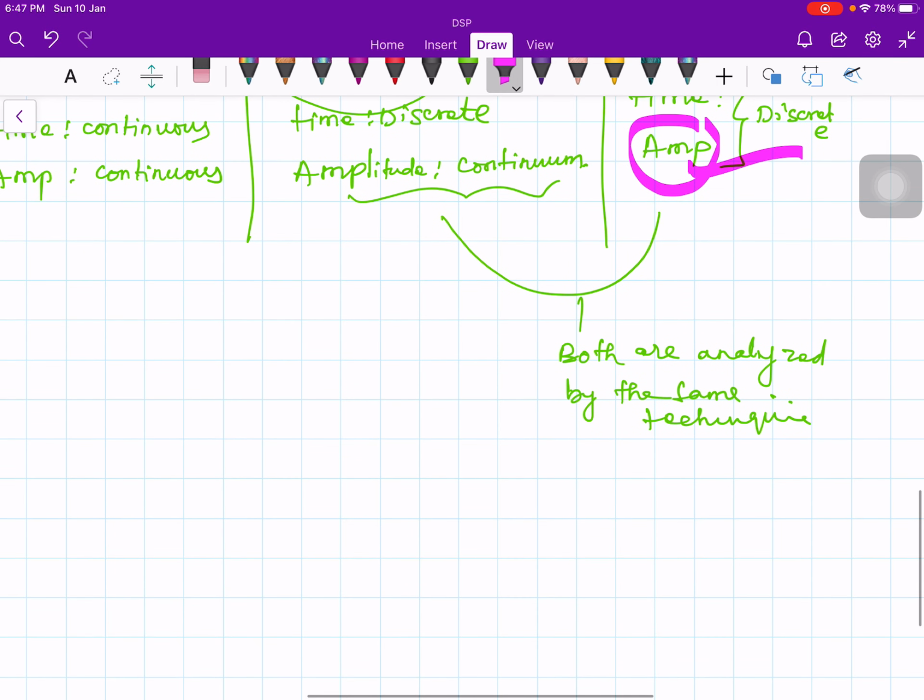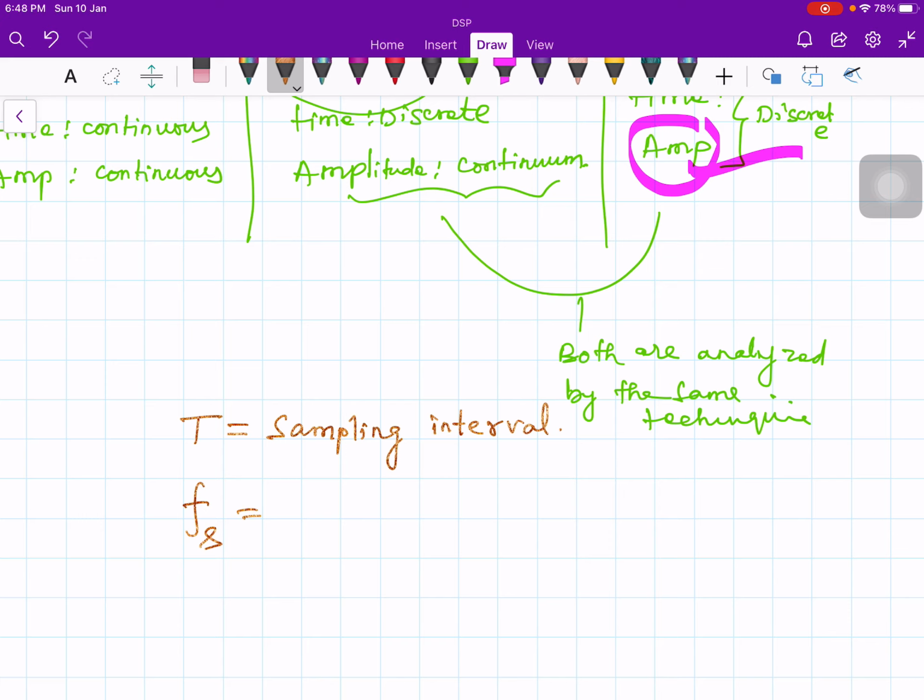The next point is about the capital T. This capital T is called the sampling interval. Obviously the sampling interval is the reciprocal of the sampling frequency. So the sampling frequency Fs is 1 over T, and this is called the sampling frequency.